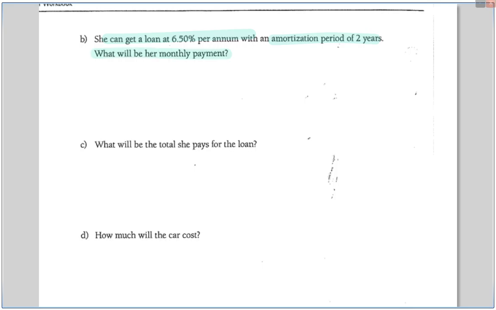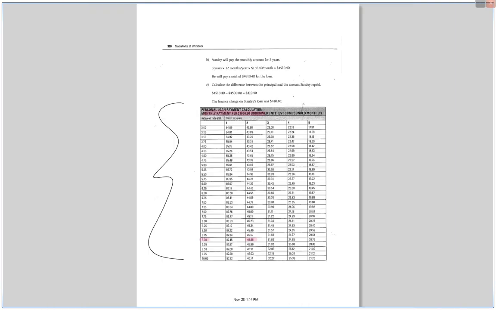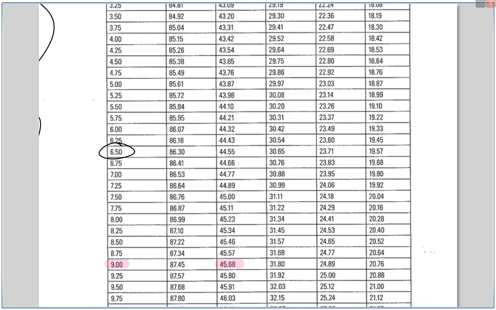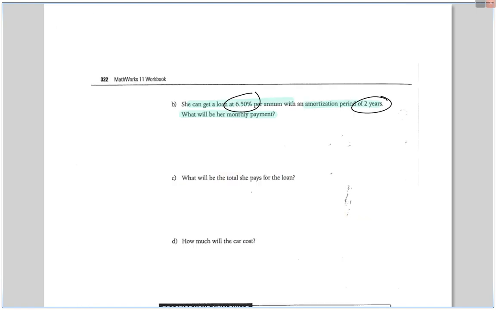What's the monthly payment? You need to look at the chart for this. We have to find 6.5% for 2 years. 6.5% for 2 years is $44.55 per month if she's borrowing $1,000.